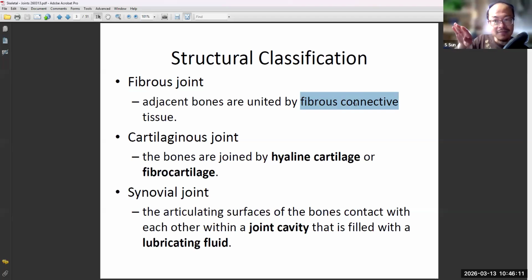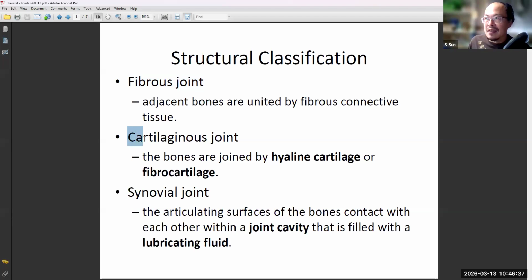Two bones are sealed together. What connects them? Those fibrous tissues. You can observe that it's pretty tight. So that's one type, fibrous tissue, and the joint will be the fibrous joint. Suture is one of them. We've mentioned it many, many times.